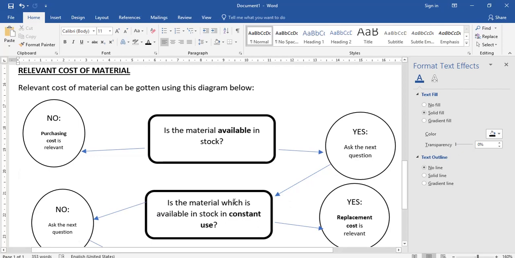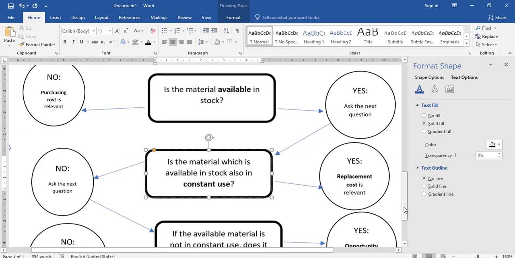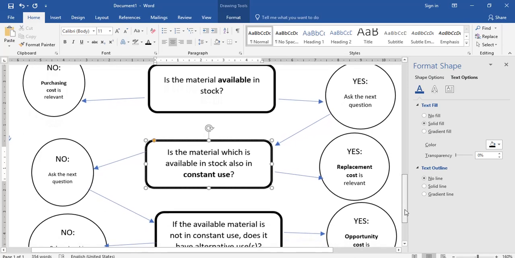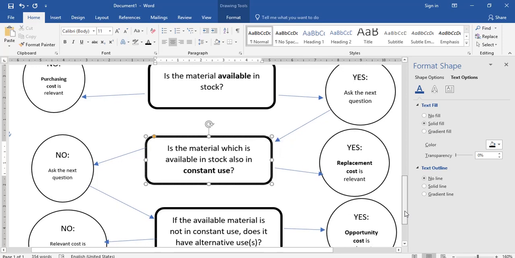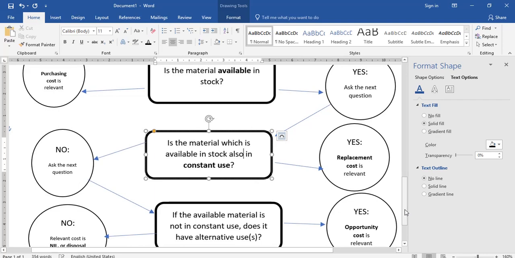Is the material which is available in stock also in constant use? So it can be in constant use, it may not be in constant use. So let's see this way.